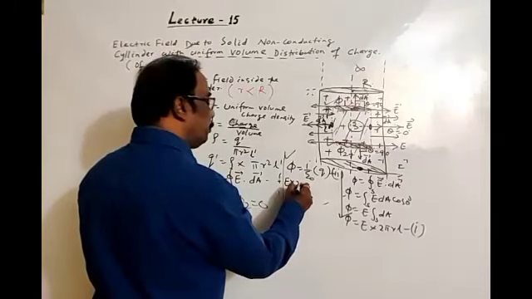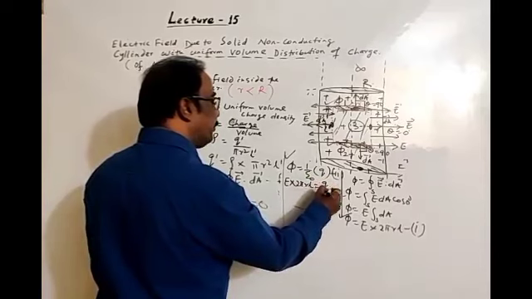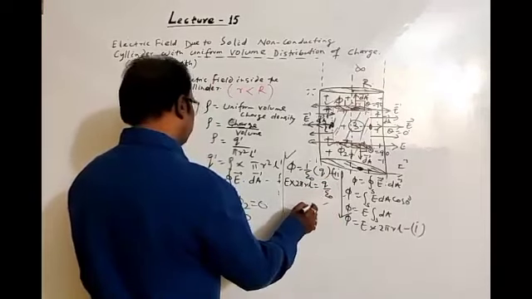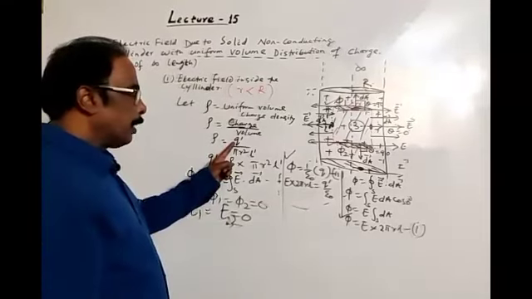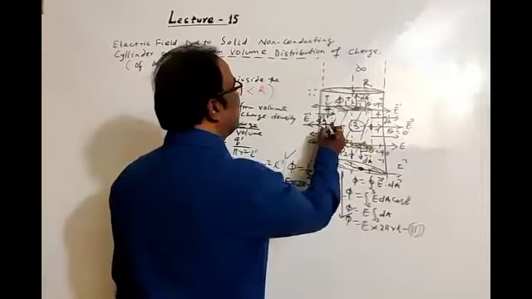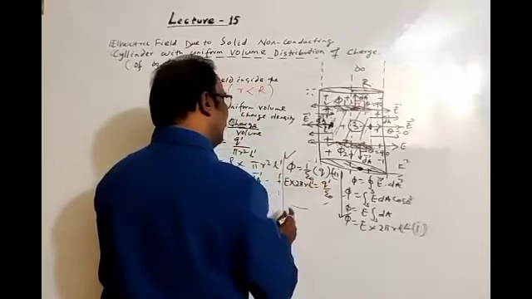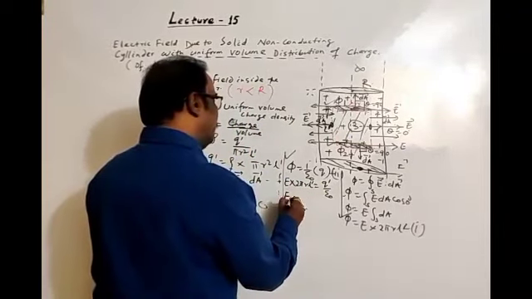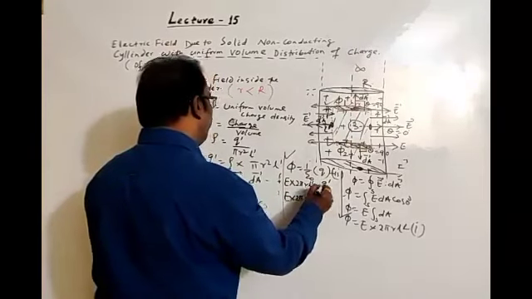E into 2 pi R L is equal to, on the right side, Q divided by epsilon naught. Let's take Q dash inside the surface. The length is L dash, so let's take L dash here and here. Then E into 2 pi R L dash is equal to Q dash over epsilon naught.